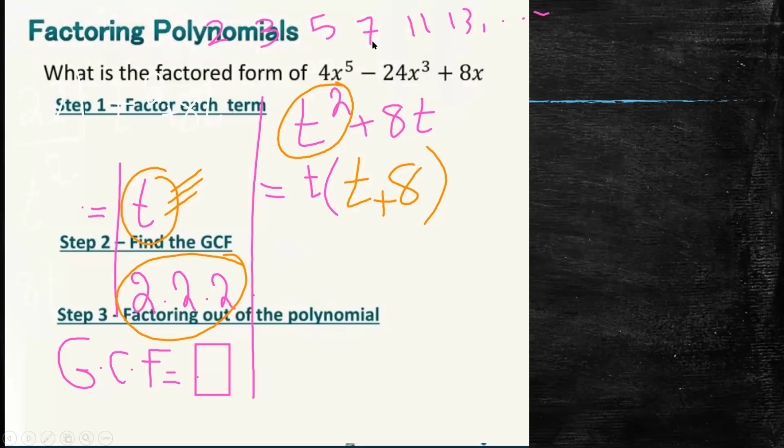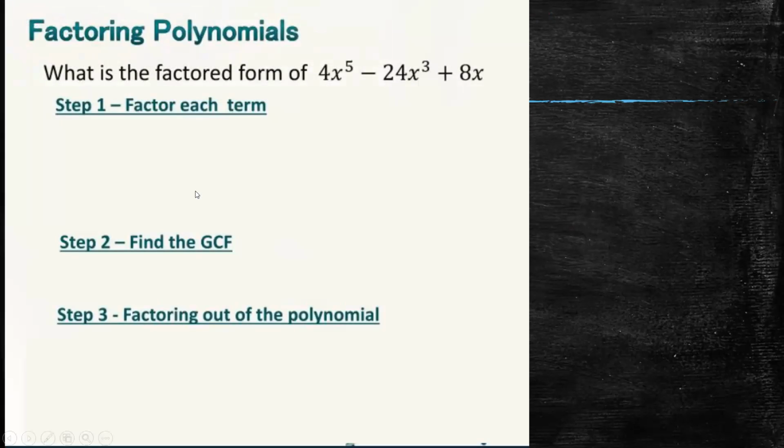So, look at this one here. Factoring a polynomial. If I ask you now to find the factored form of 4x raised to the power 5 minus 24x cubed plus 8x, the first step, you have to factor each term.